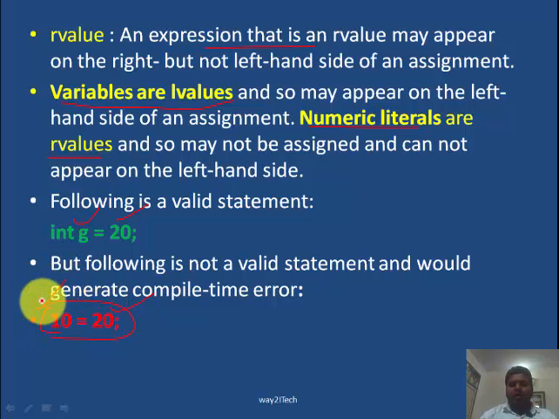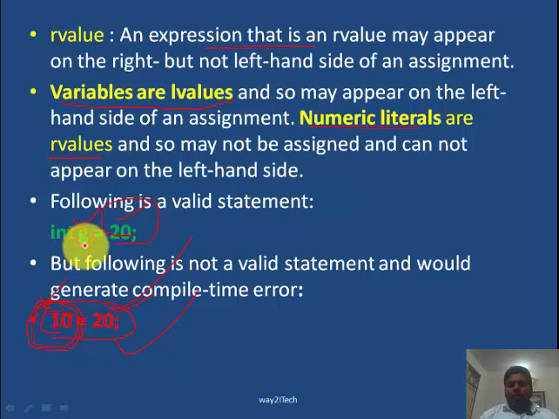Here we should always have an L value, but here we can have an L value or an R value. This is a variable, an L value, and this is a numeric literal, an R value.